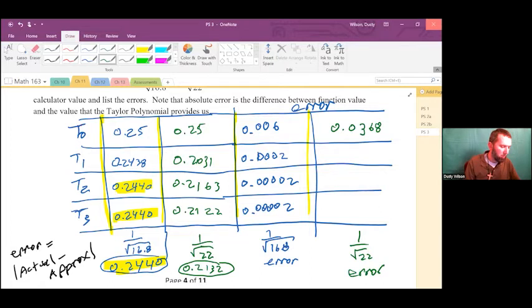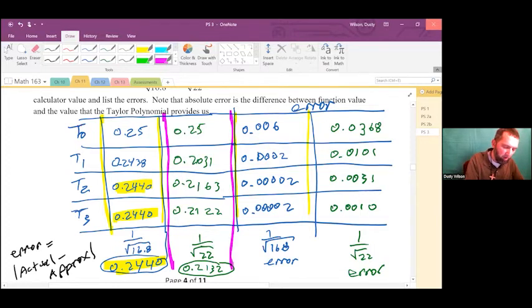For 0.2031, I have error of 0.0101. Next one, 0.2163, error 0.0031. So notice the error is getting smaller each time. Then 0.0010.